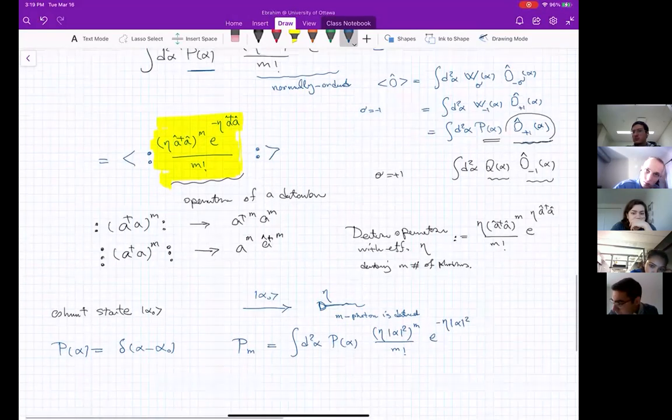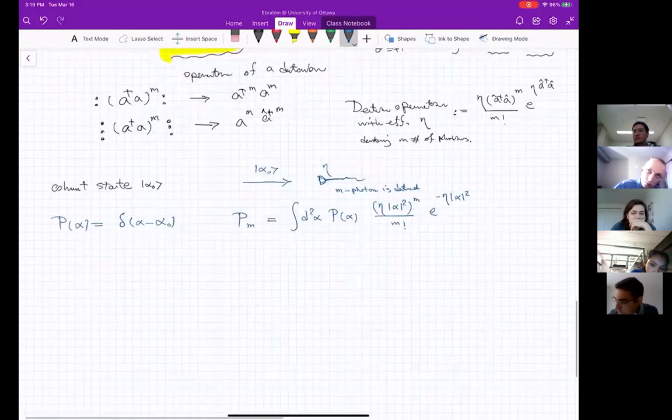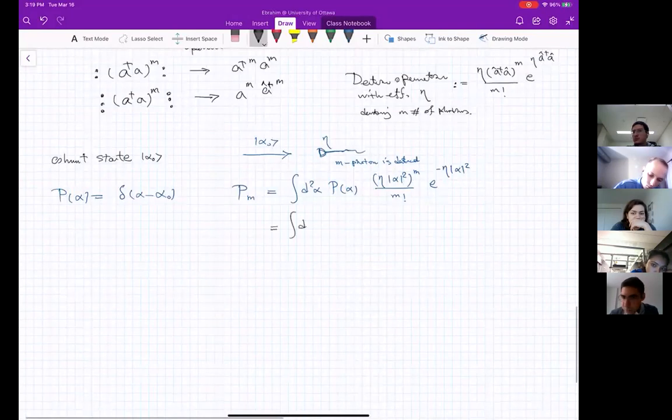So now what we do, we just replace it with delta of alpha minus alpha 0. And remember, this delta is always a two-dimensional delta. So I think there's no need to discuss that. We know all of those details.